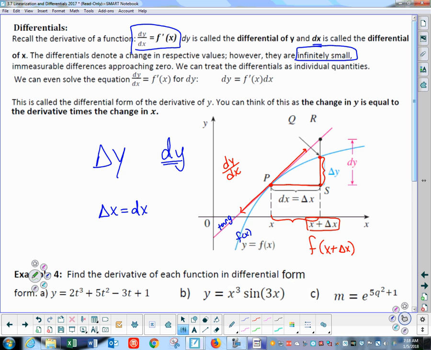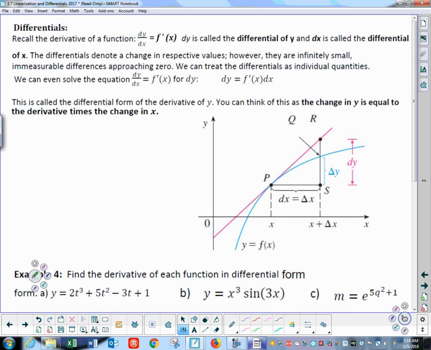If I look at my tangent line here, when I put in some change of x, I generate perhaps a different change of y. And that change of y is going to be referred to as the differential y. Notice the differential y and change of y here are different. This one is a lot smaller than this one. We have some error going on there, but the difference between those. So there is a difference between dy and delta y.